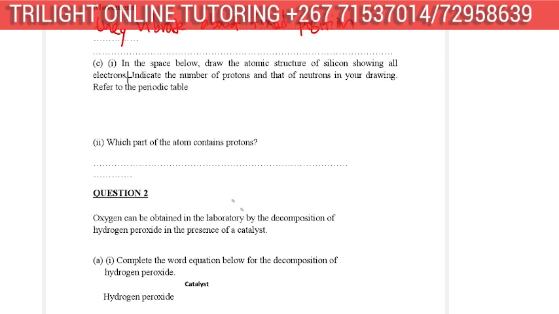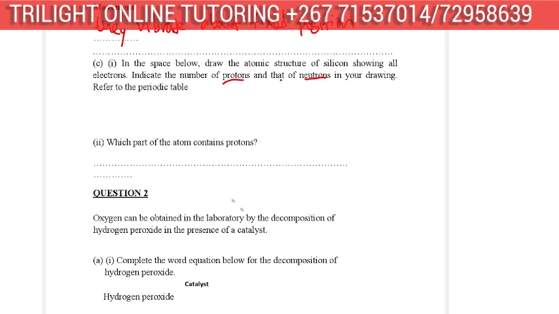Now let's go for C Roman figure 1. In the space below, draw the atomic structure of silicon showing all electrons. Indicate the number of protons and that of neutrons in your drawing. Refer to the periodic table.